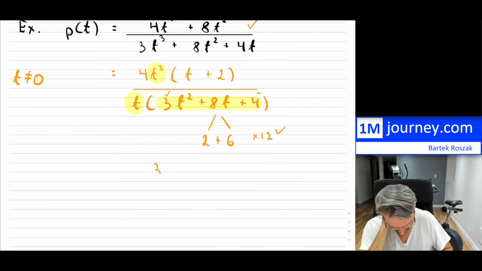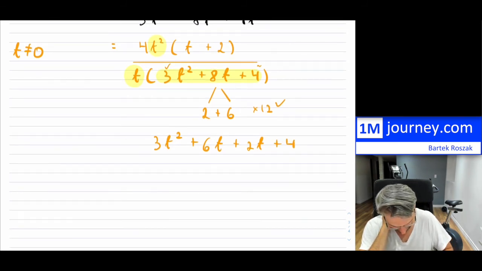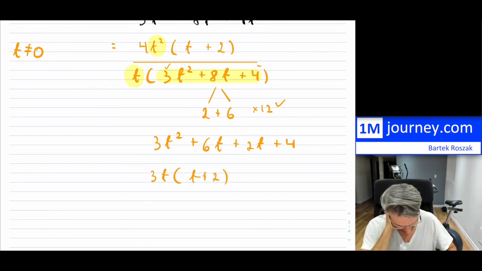So let's decompose this. 3t squared plus, I'm going to put the 6t so it goes with the 3, plus 2t plus 4. And so 3t gives us our t plus 2, and then 2 times t plus 2.